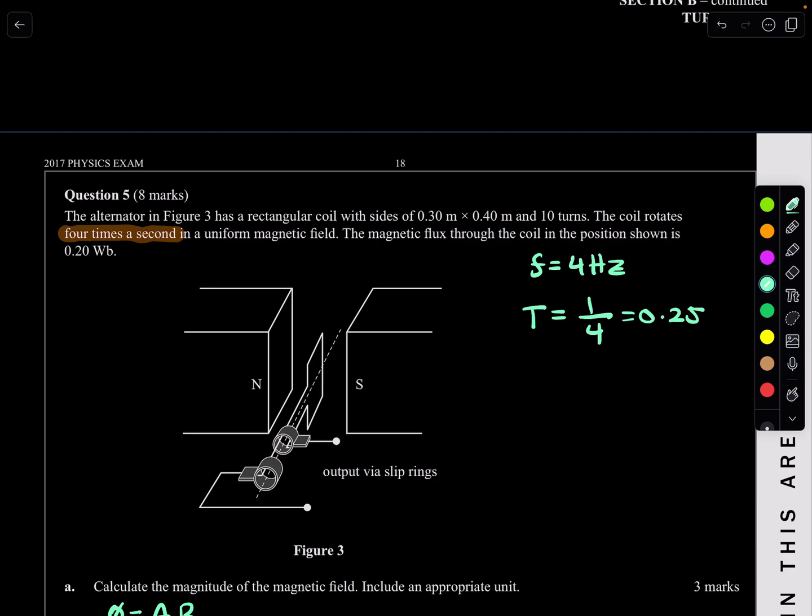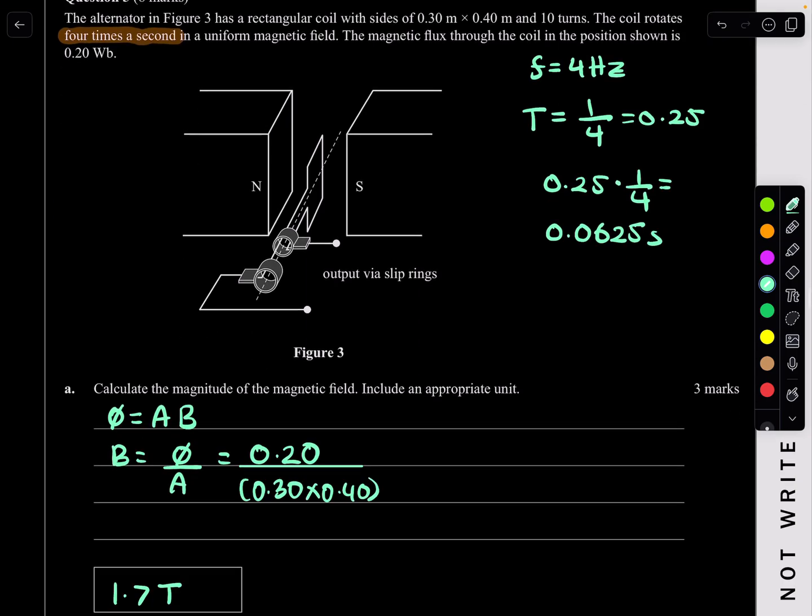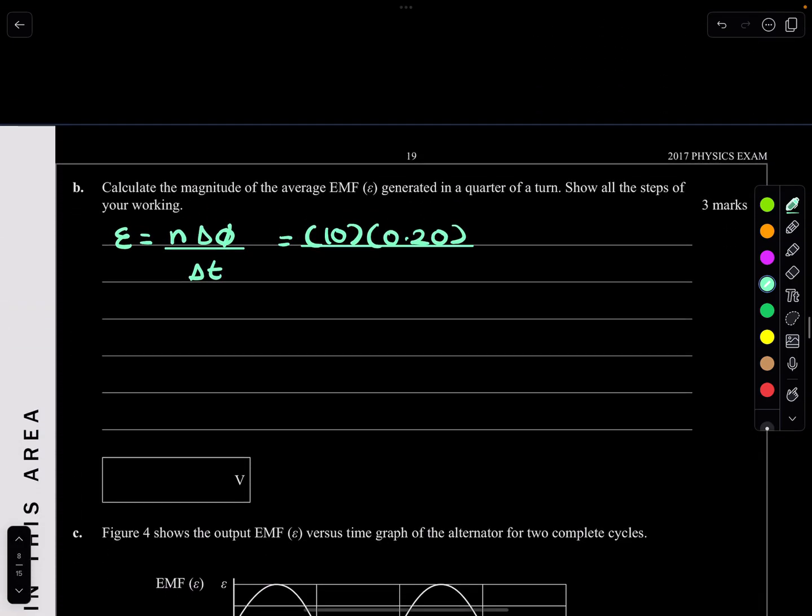So 0.25 times 1/4 gives us 0.0625 second. That is your time.